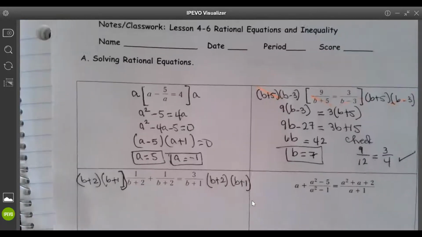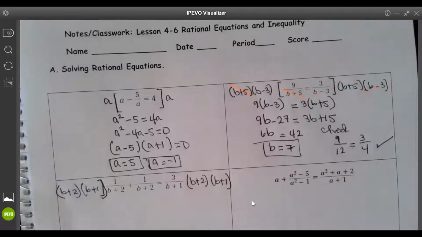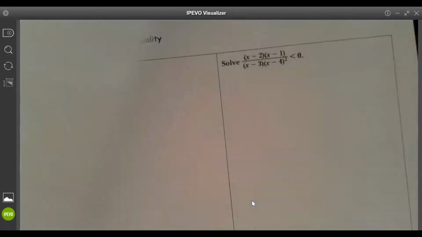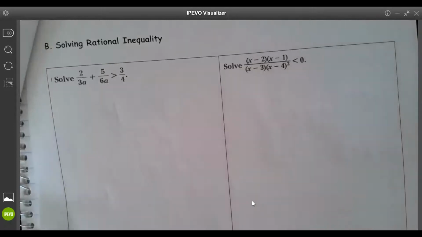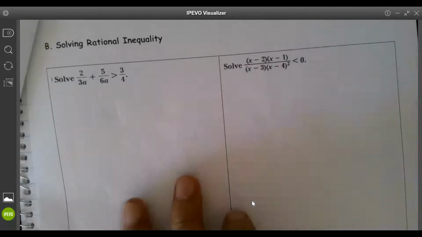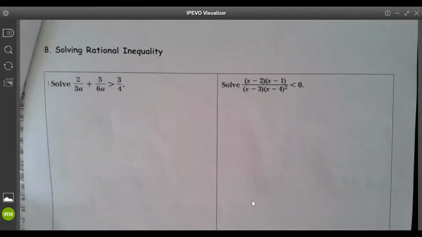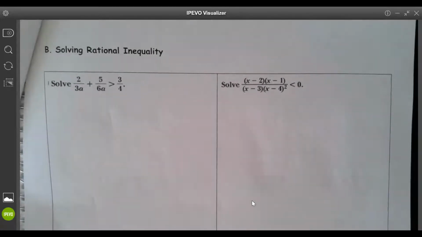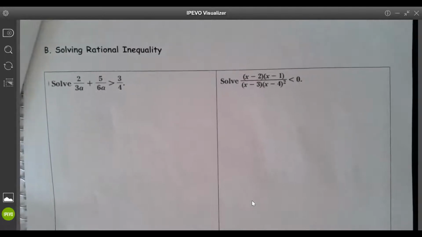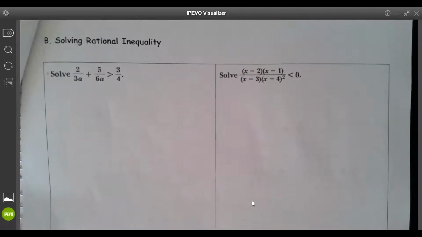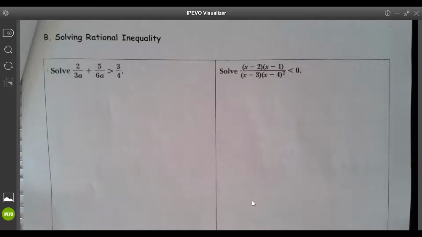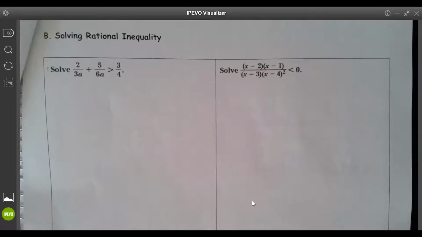Now let's try to solve one example for rational inequality. So let's do the first one. Rational inequality is different from equations because we have to test our intervals to see if they are in fact solutions to the given inequality.